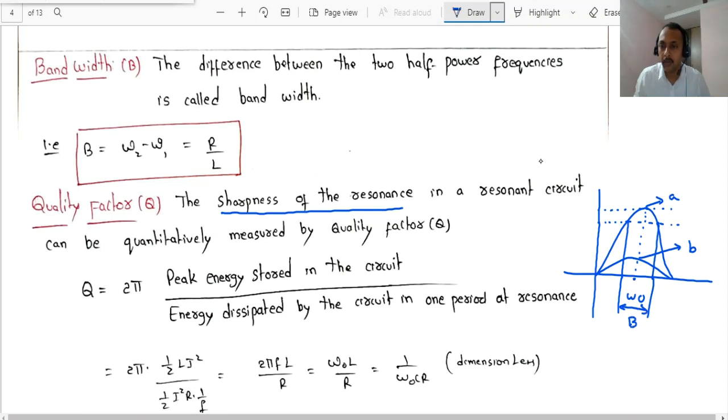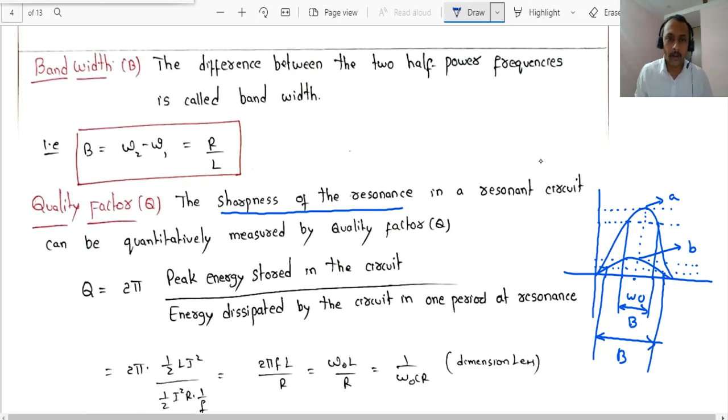But observe, for the flat curve, if this is the maximum value, the half power frequencies will be at Im by root 2 somewhere here, and this is omega 1 for this curve, and this is omega 2. If the curve is very flat, the bandwidth will be up to here. This is the bandwidth for curve B.